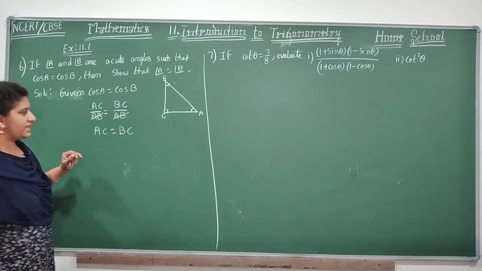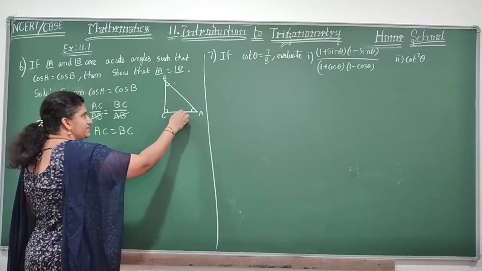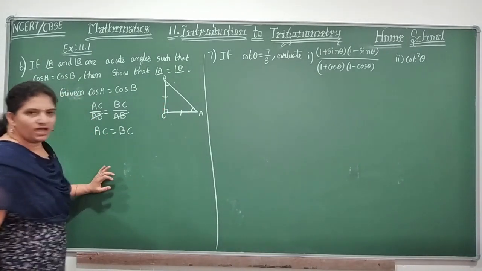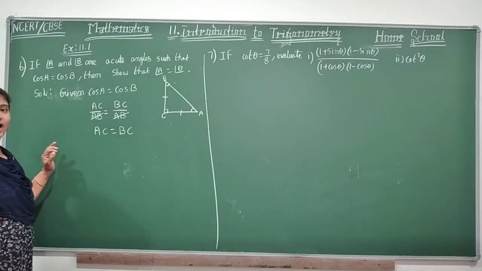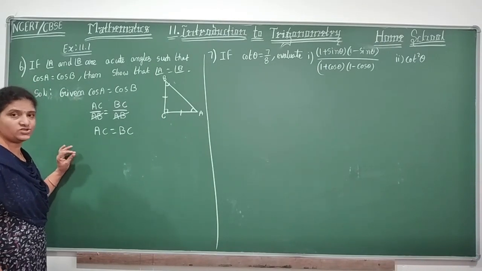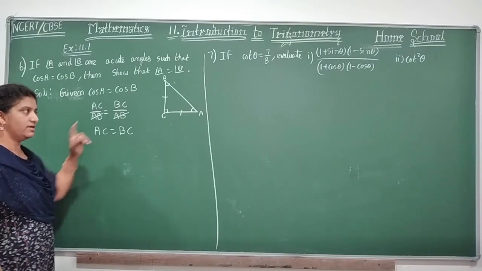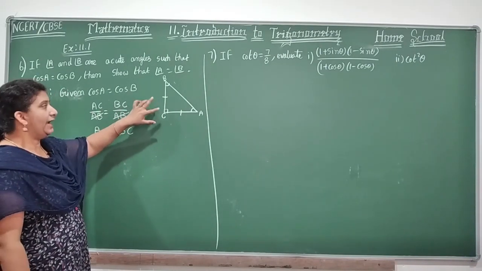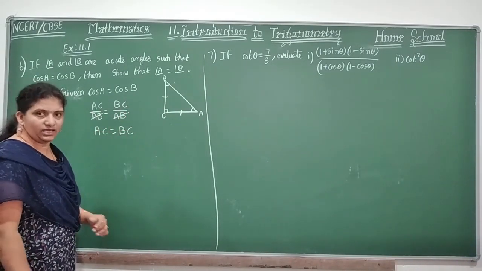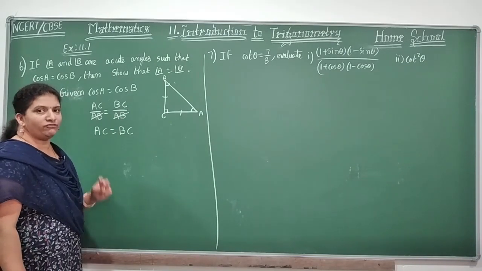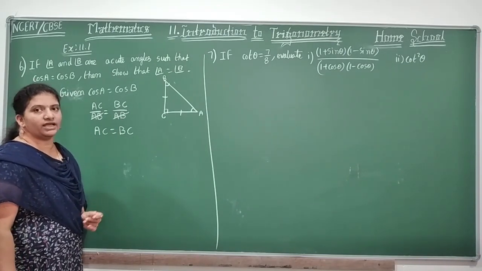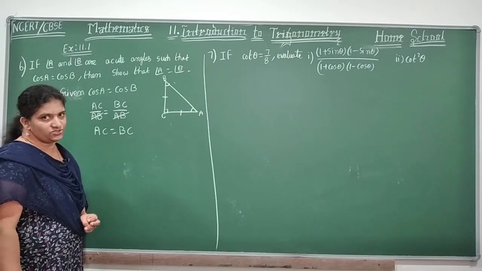So what is this? AC, BC. I think you can see a right isosceles triangle. What do you mean by this, children? Right isosceles: a right angle and two sides equal. Isosceles means if two sides are equal, then we call that triangle an isosceles triangle.